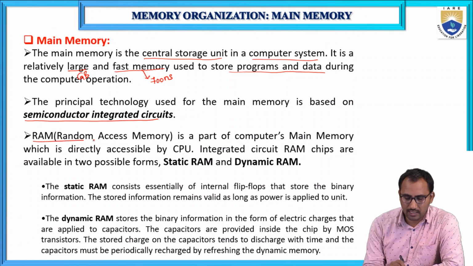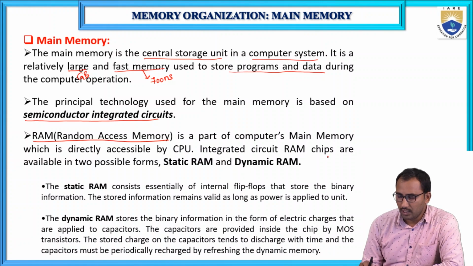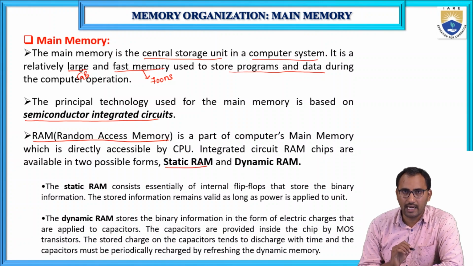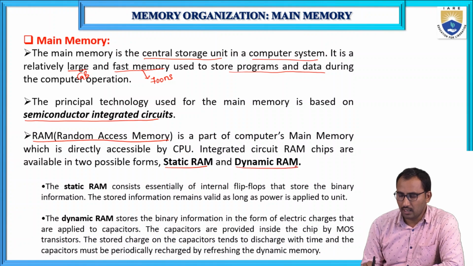So RAM can be considered the main memory. Integrated circuit RAM chips are available in two possible modes: SRAM, meaning static RAM, and the second one is dynamic RAM. So these are the two possible forms of RAM.